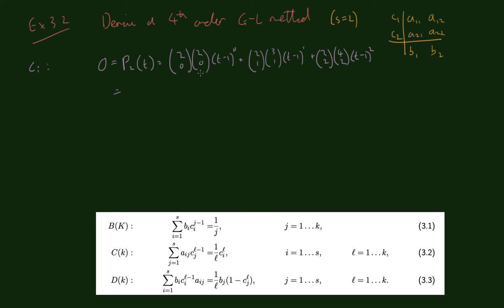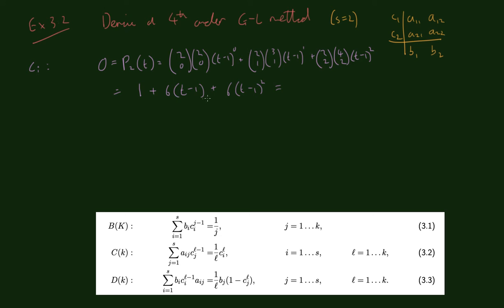We have 1 times 1 times 1, then 2 times 3 times (t minus 1), and then 2 choose 2 is 1, 4 choose 2 is 6, so 6 times (t minus 1) squared.